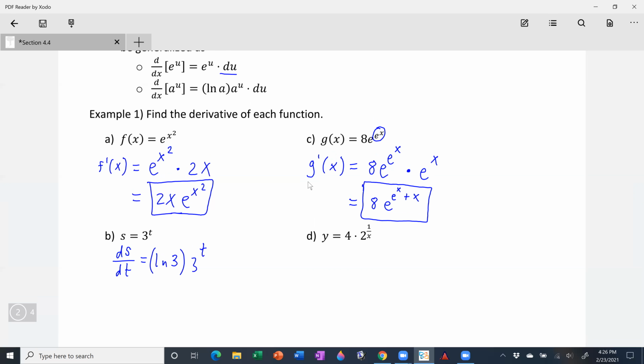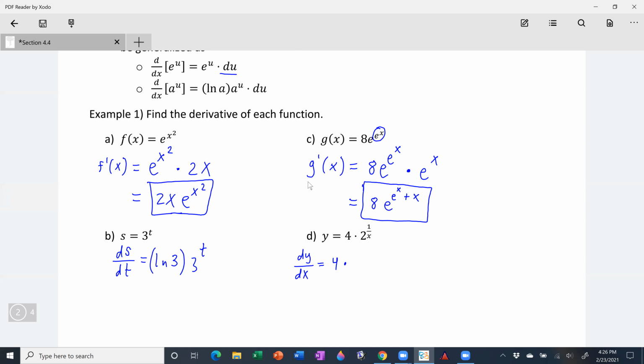Okay, kind of interesting. Okay, for part D here, let's see, y equals, so let's go ahead and write this as dy/dx. Okay, so for dy/dx, now we've got 4 times this 2 to the 1 over x thing. So we're definitely going to have some weird situations going on. So let's see, the 4 is just going to have to stay alone because that's a constant times a function. Okay, and now let's be really, really careful. We have the situation of a to the power of u.